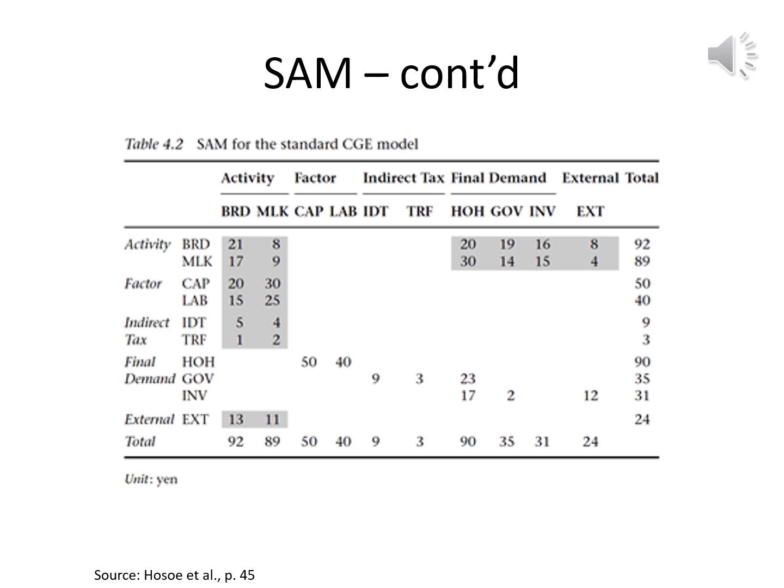All right, the remaining data in the SAM will be coming from the public finance statistics and balance of payment statistics and flow of funds statistics, national account statistics. So all these data are coming from different sources.